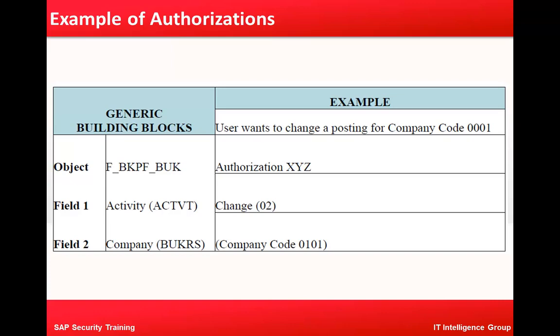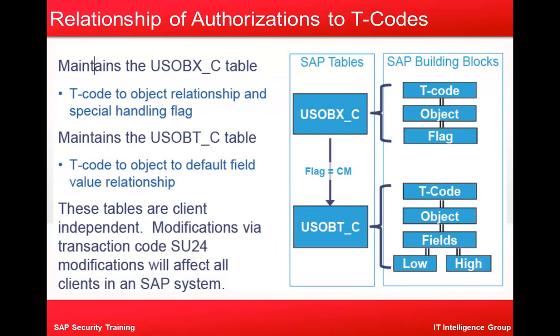To achieve this, you require three things. First is the object, the authorization XYZ. Second is the activity that you want to achieve, you can display, you can change, or whatever you want to do. Then you have the company code, BUKRS, that is, the particular company code for which you want to make the change.